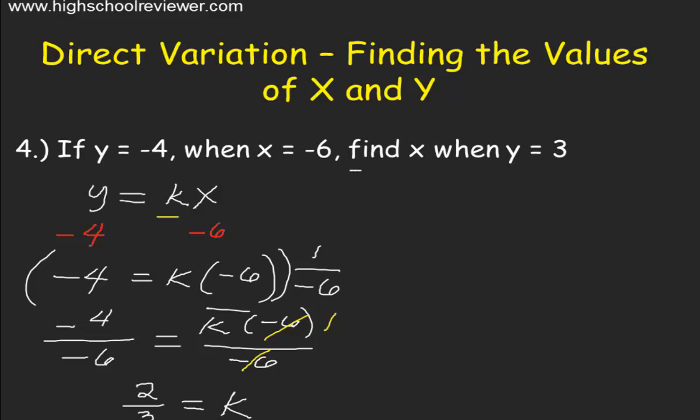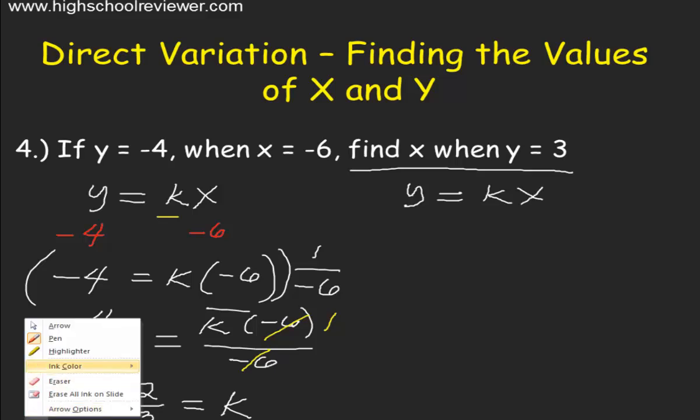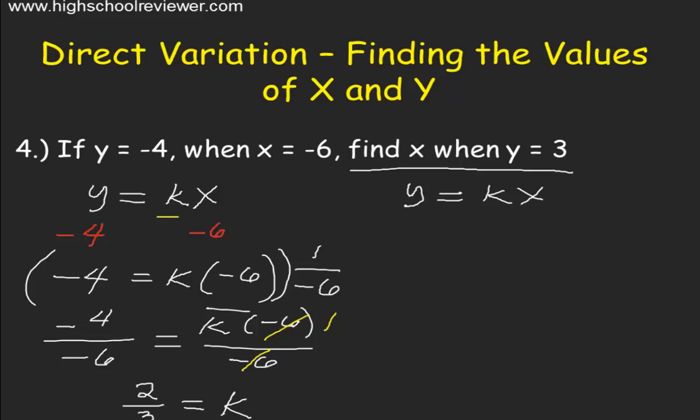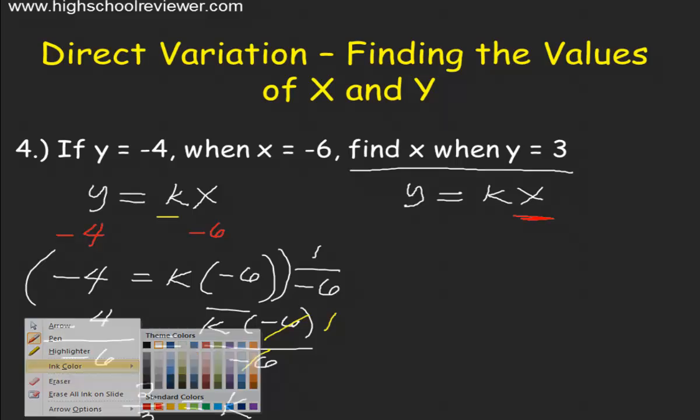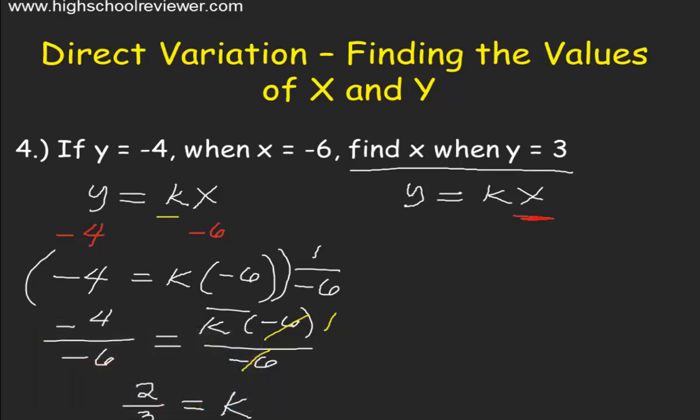Now we are going to find x when y is equal to 3. Again, we use y equals k multiplied by x, but this time we are going to find x. So we need to cancel out k.